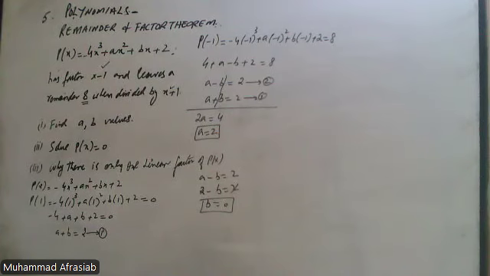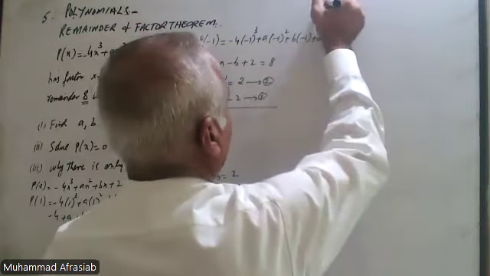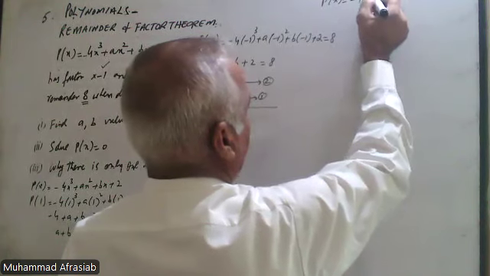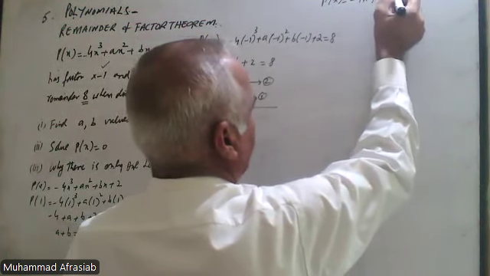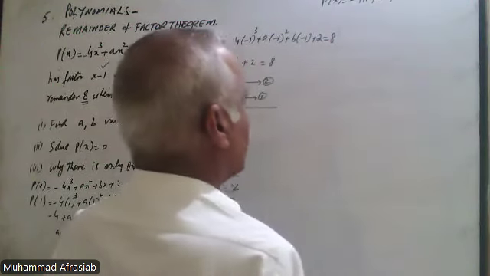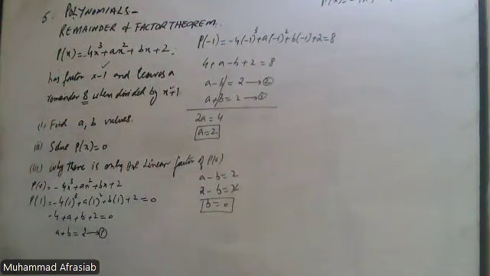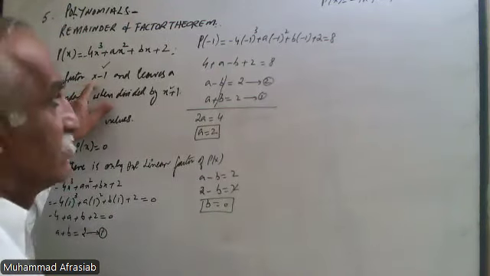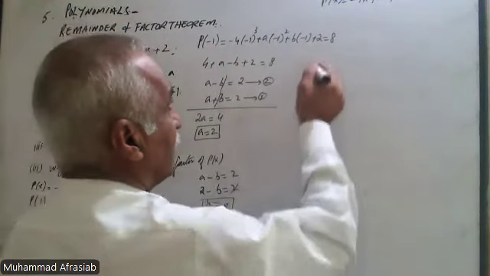Now we write p of x is equal to minus 4x cubed plus 2x square plus 2, and that is equal to 0 because we are using the factor theorem, p of x is equal to 0, to solve it. Already we have calculated that x minus 1 is a factor, so we use the identity method for this equation.